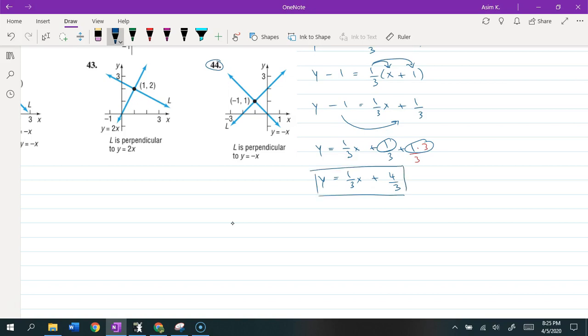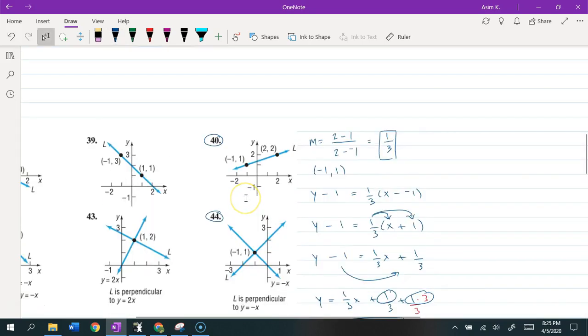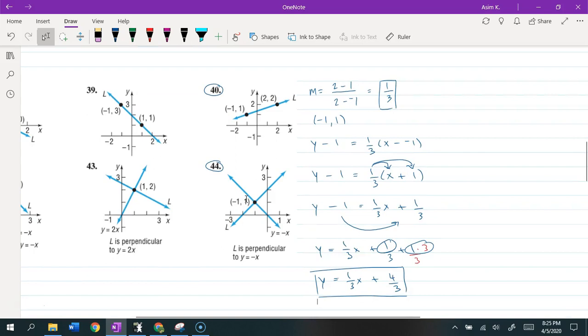And please be convinced of this. If you take a look at the graph itself, you'll notice that the y-intercept is truly a 4/3. It's one whole unit, and then it's a third of the unit right there. So it makes sense that that's 4/3, or basically 1.33, and it's got a relatively flat slope, so the slope is a 1/3.